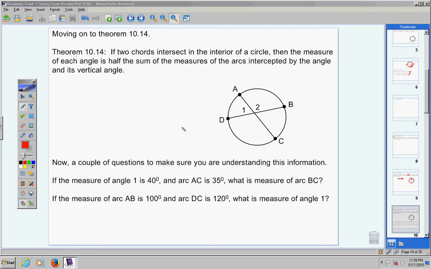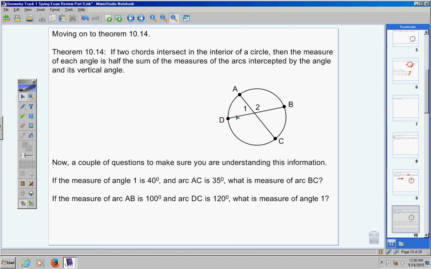We have to move on. Okay, students, if you're still copying, that's fine. No big deal. Don't worry about it. But try to keep an eye up here as I move along here.